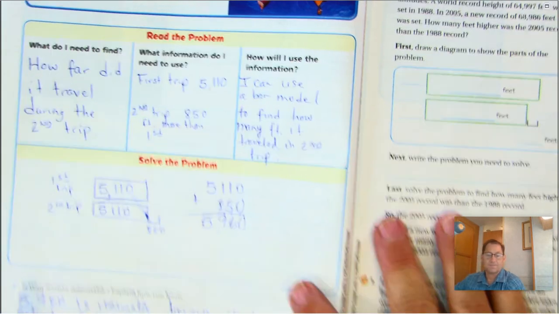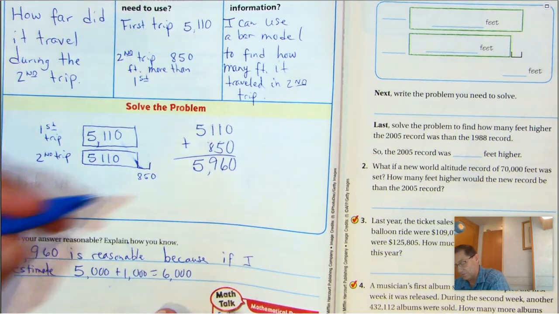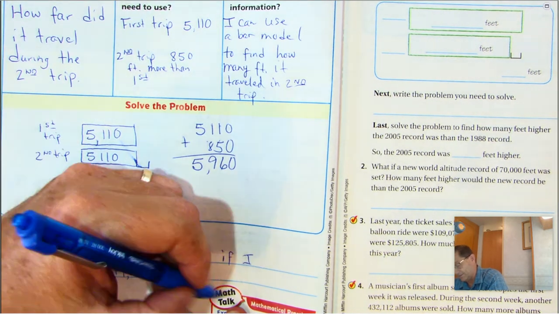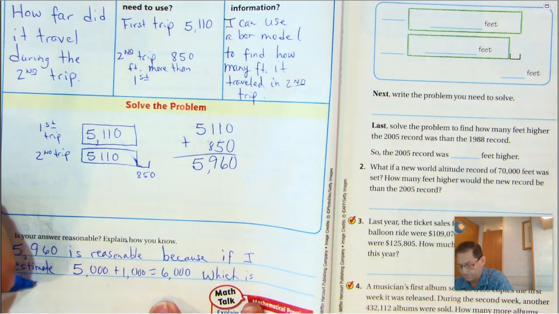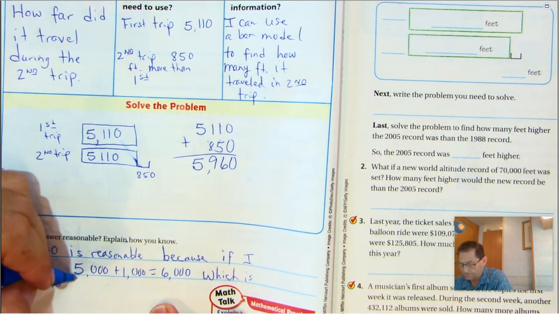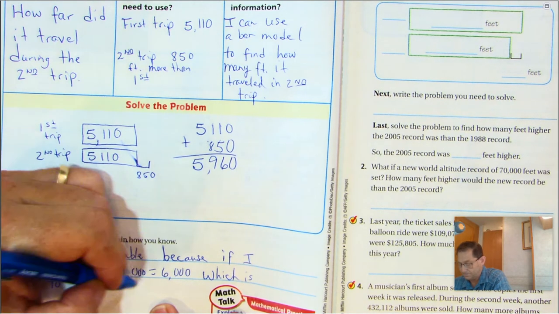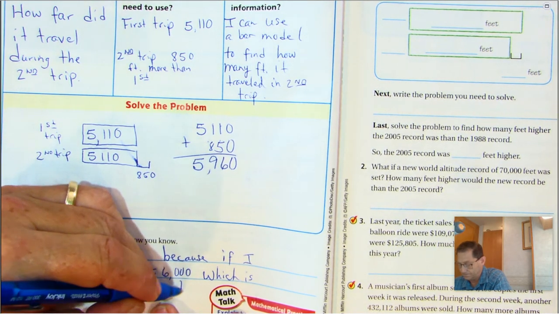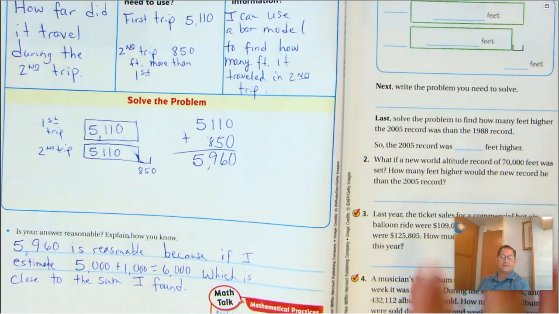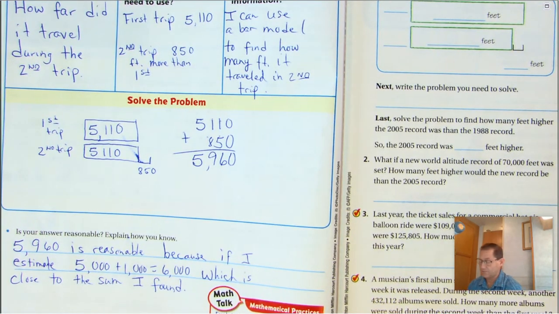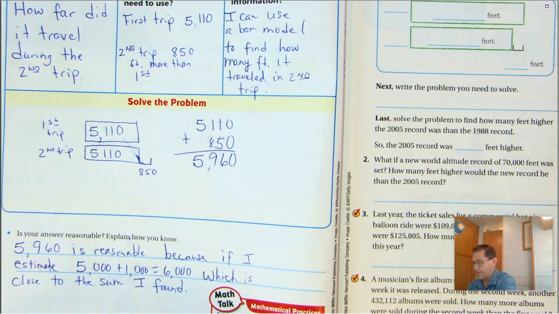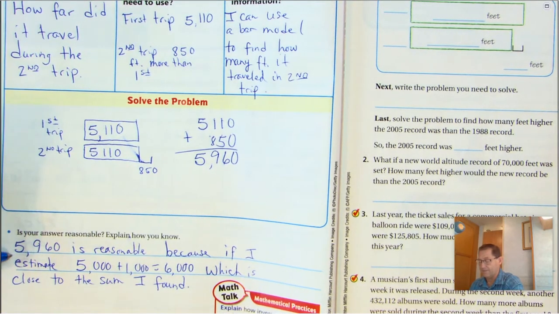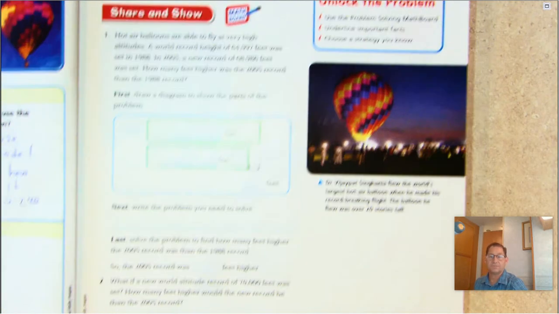And so 5,960 is close to 6,000. 5,960 is reasonable because if I estimate 5,000 plus 1,000, first trip plus second trip, I get 6,000. And 6,000 is close to the sum I found of 5,960. Okay, so now, share and show, let's practice these.